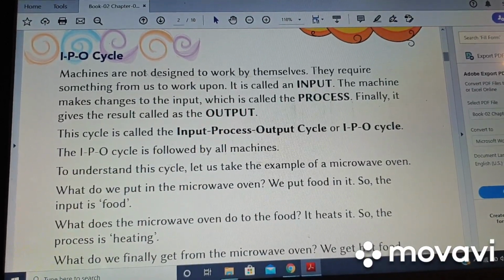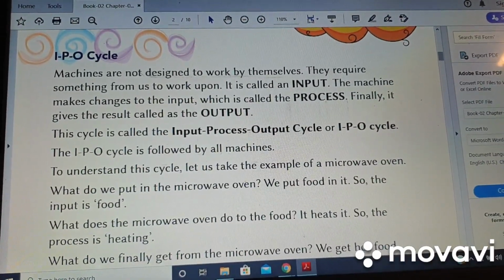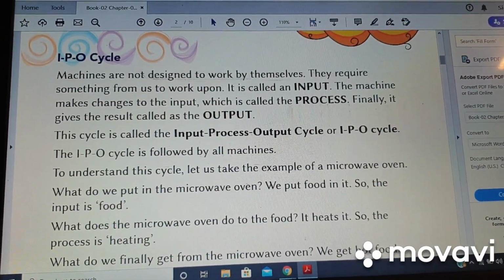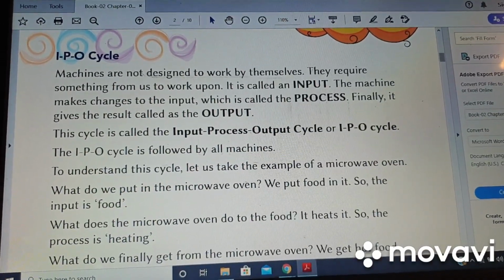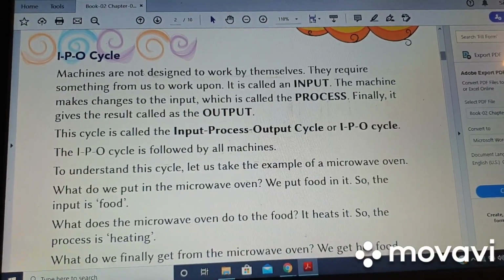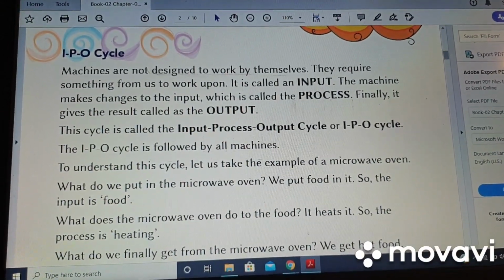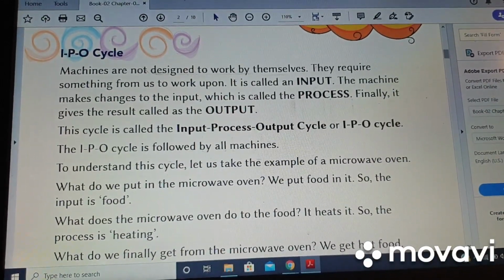To understand this cycle, let us take the example of a microwave oven. What do we put in the microwave oven? We put food in it. So, the input is food. What does the microwave oven do to the food?